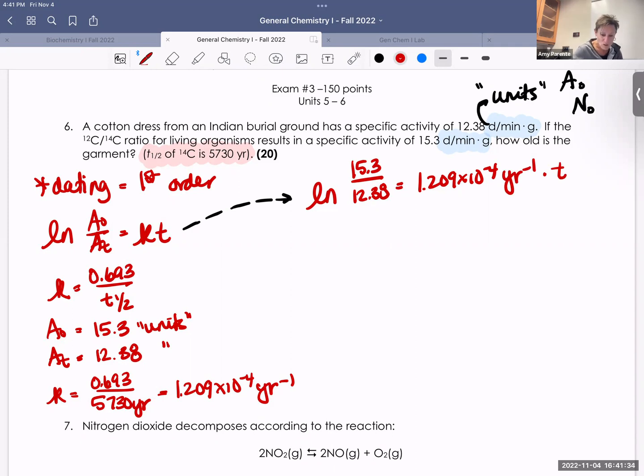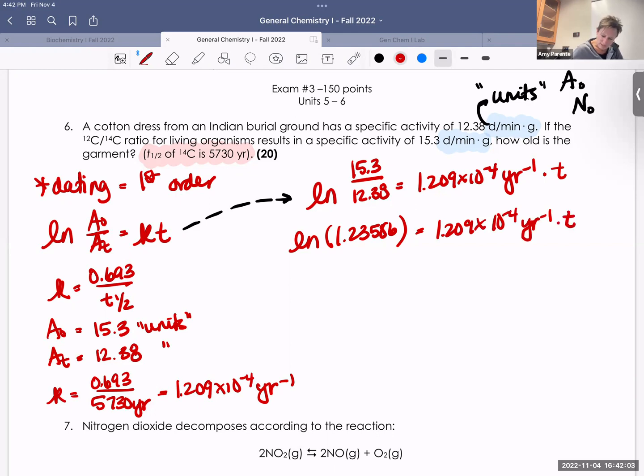Now, this problem, you don't need to use e for. The only time you need to use e is if you're solving for something that's in the exponent. In this case, we're just going to take the natural log of what that ratio is. So that's the natural log of 1.23586 and change equals 1.209 times 10 to the minus 4th year to the minus 1 times t.